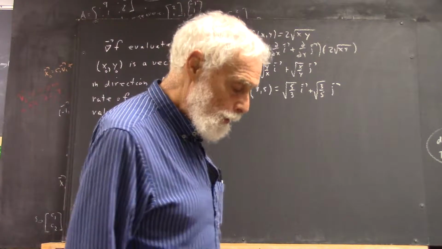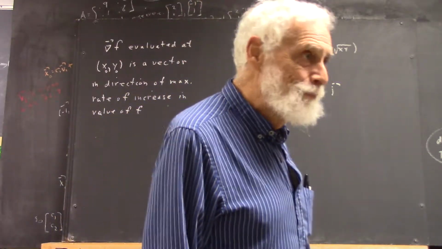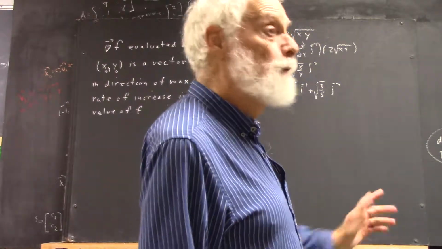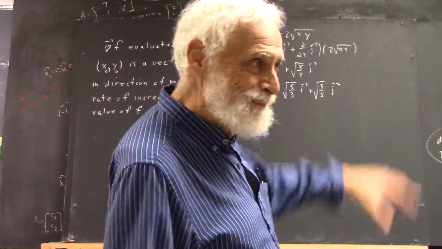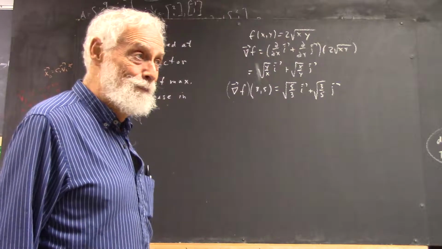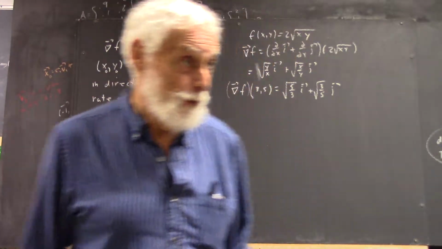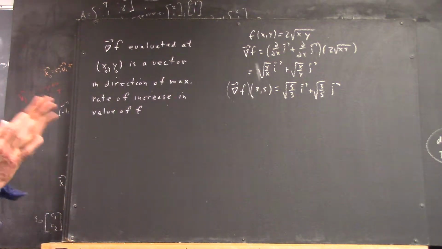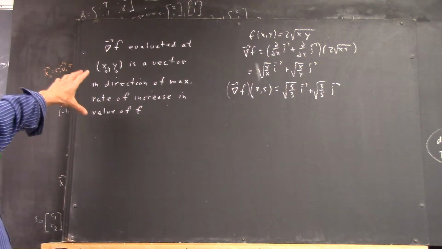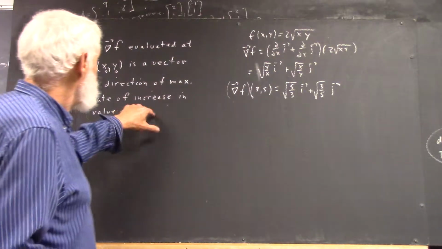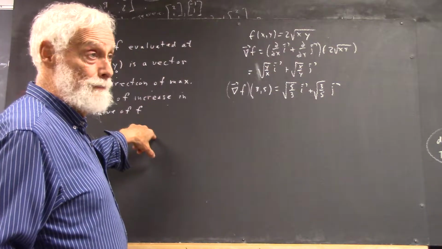If you're walking along a path where everything is level and you want to go uphill as fast as possible, you turn 90 degrees, hopefully to the uphill side, and walk in that direction, right? If you want to go downhill as fast as possible, you turn 90 degrees this way. Okay? So that image is totally related to what we're doing here.